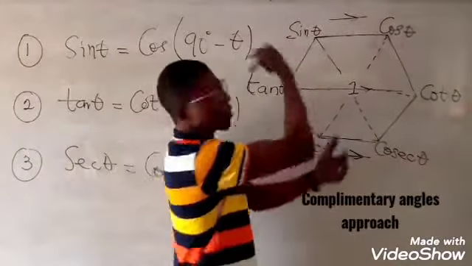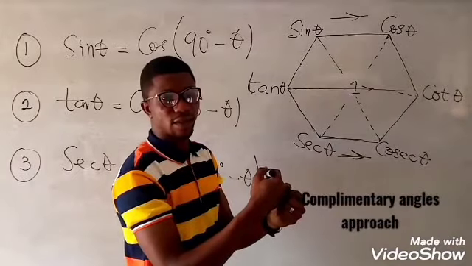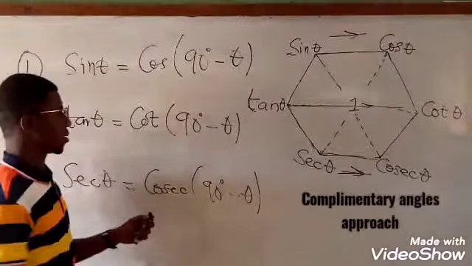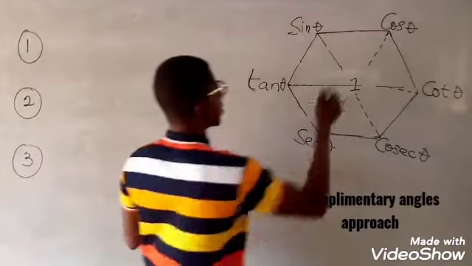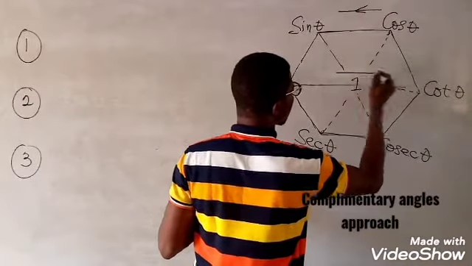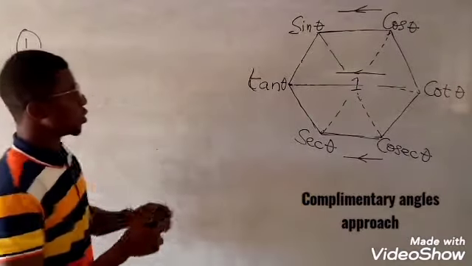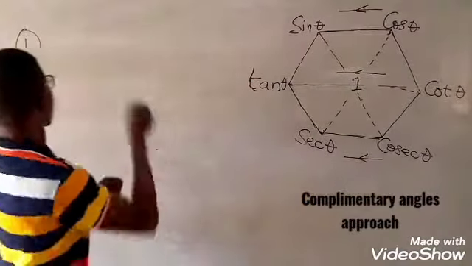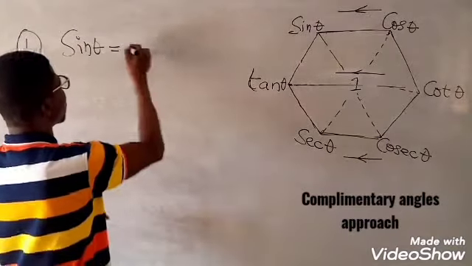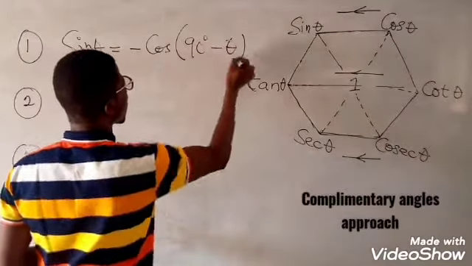What of the reverse direction? In the reverse direction, what identities could be generated? We have an arrow in the reverse direction, another arrow in the reverse direction, and another arrow in the reverse direction. So in that case, sine theta now becomes the negative of cos bracket 90 degrees minus theta.